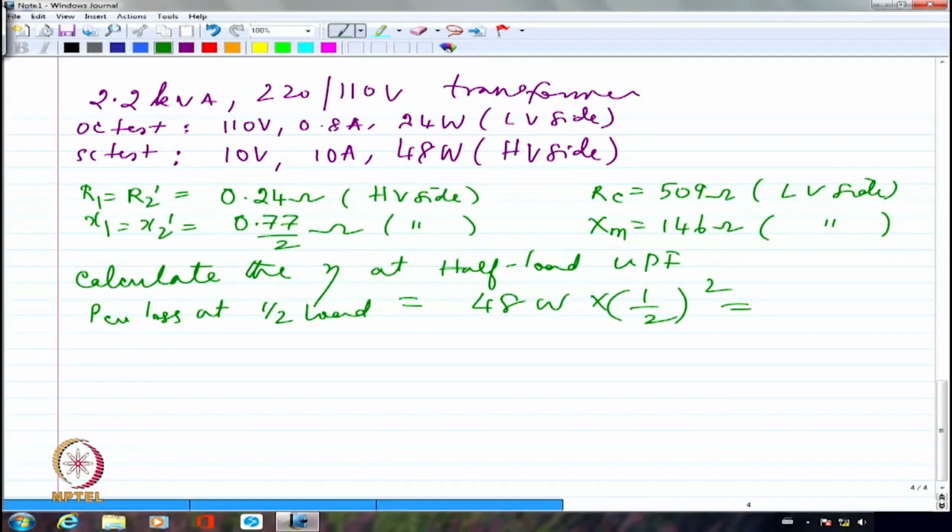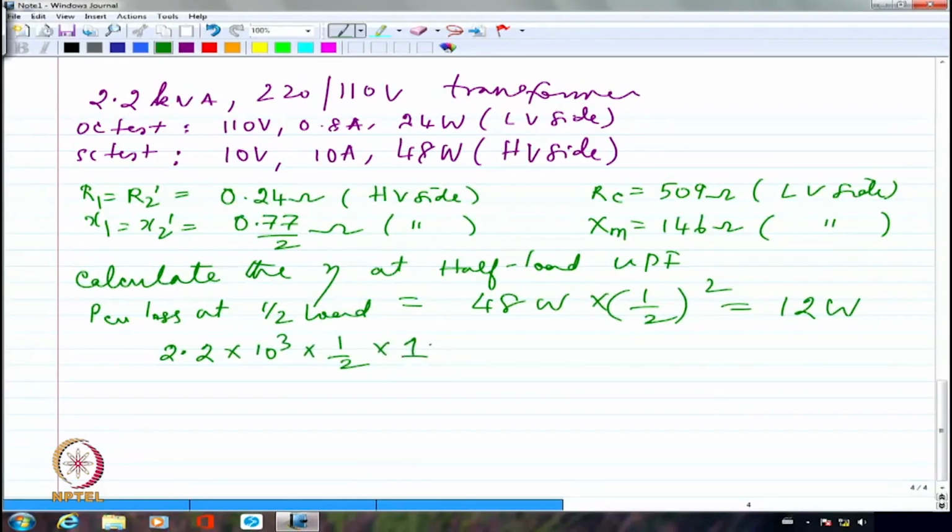So if it is unity power factor, I should be able to say this will be 2.2 kVA multiplied by half, that is what is the output, multiplied by unity power factor. This is the power factor. If the power factor had been 0.8, I should have put this 1 as, instead of that, 0.8.